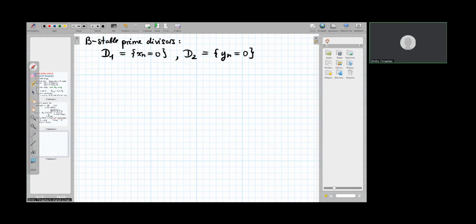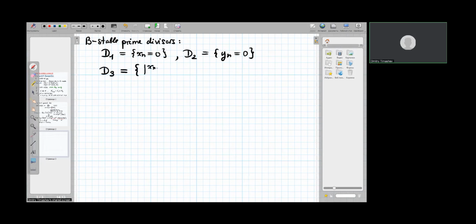But there is yet another b-stable prime divisor, D3, which is not a pullback. It is given by the following equation. Let us consider the determinant of the last two projective coordinates of x and y.